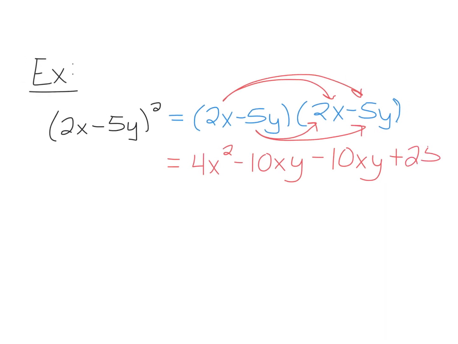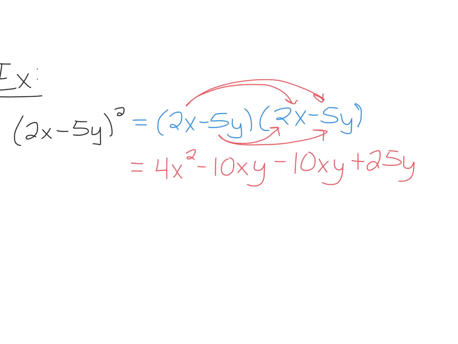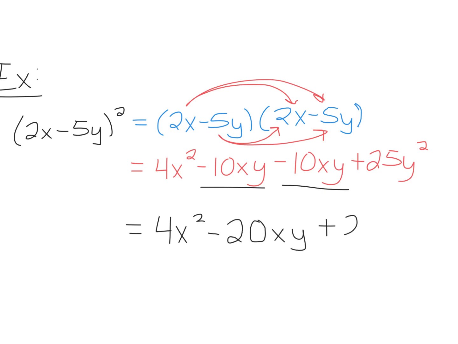Yep, plus 25y to the second. And then what's the one thing I can combine? So we have 4x squared minus, what do you get when you combine those? Yep, negative 20xy, and then we have plus 25y to the second.